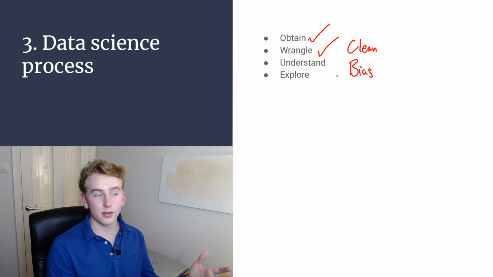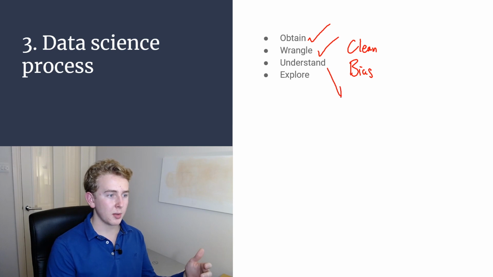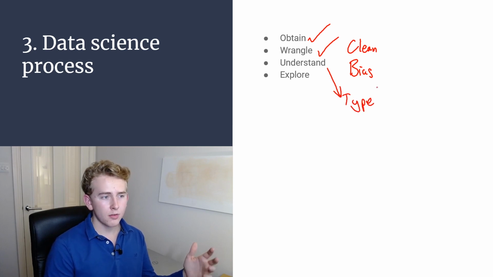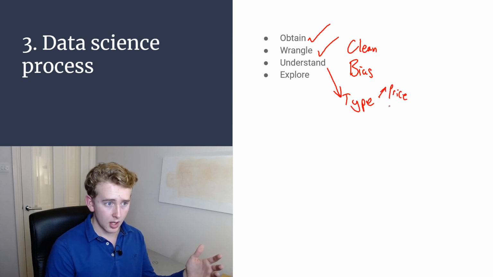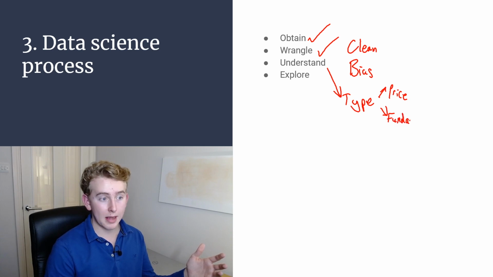And so the next part of the data science process is understanding the data. We're going to be looking at two things here, and the first is the type of data. This is what it's telling us. Is this price? Is this fundamental data of the underlying company, like balance sheets or income statements?